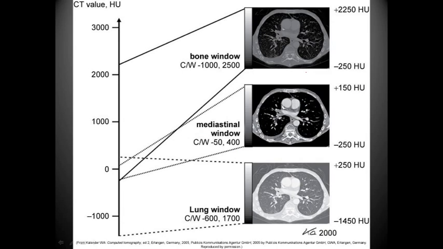But you can also manipulate the Hounsfield unit to better demonstrate certain types of anatomy. We see here on bone windows we have a window center and a window width. The center is at negative 1,000 and the width is 2,500.